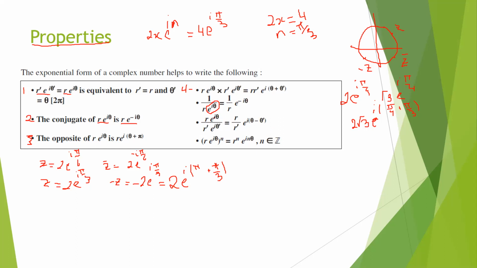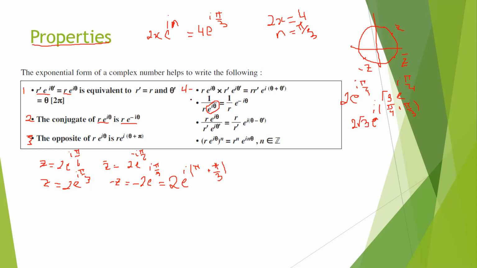In division, what do we do with the powers? We subtract. It becomes e to the power i (theta minus theta prime).